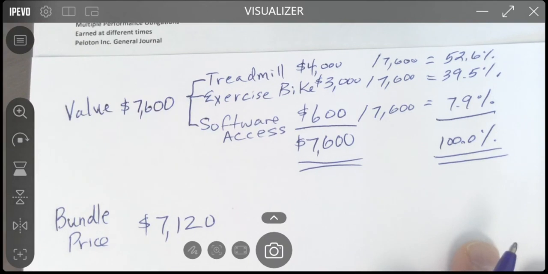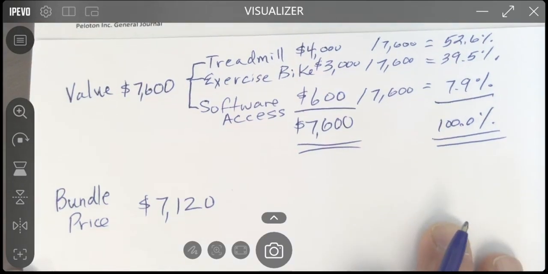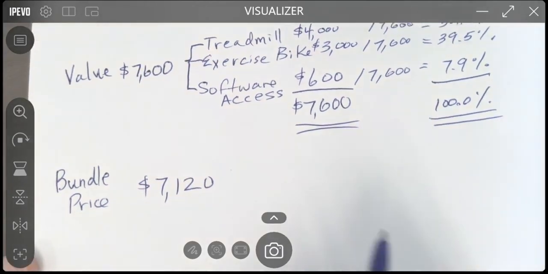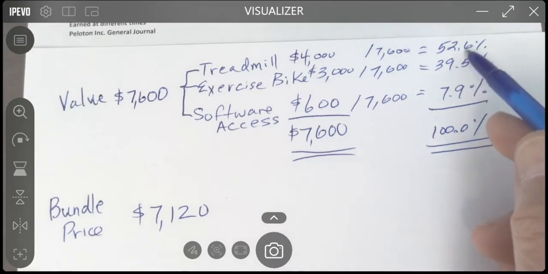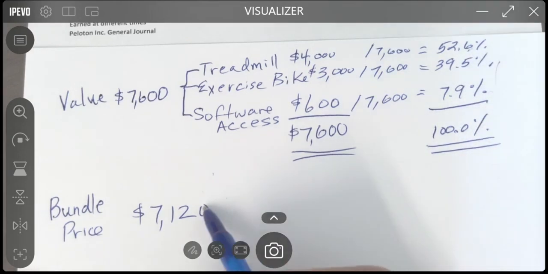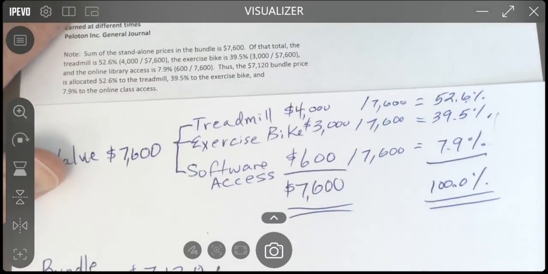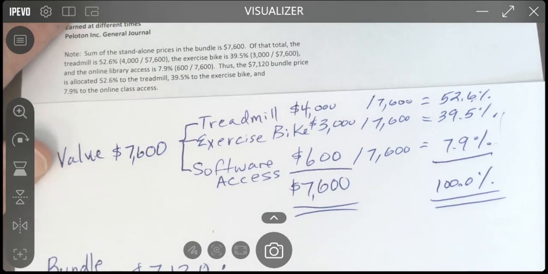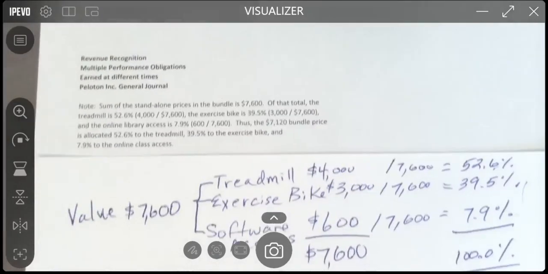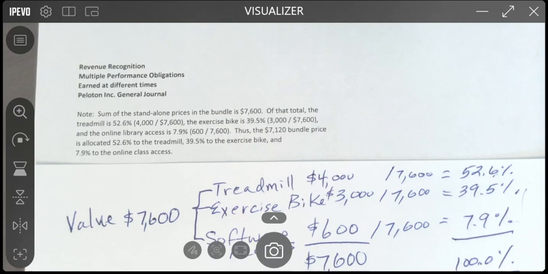Okay. And so the way we're going to allocate the price is we're going to allocate these percentages to the $7,120 bundle price. Here's some written notes that I prepared. The sum of the standalone prices in the bundle is $7,600.